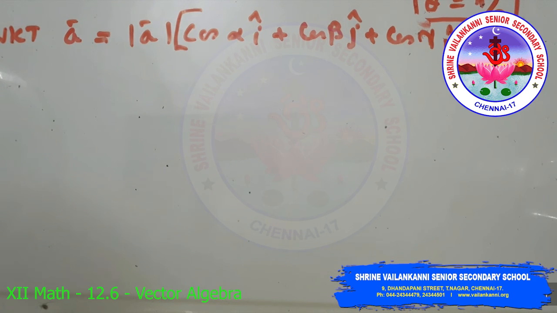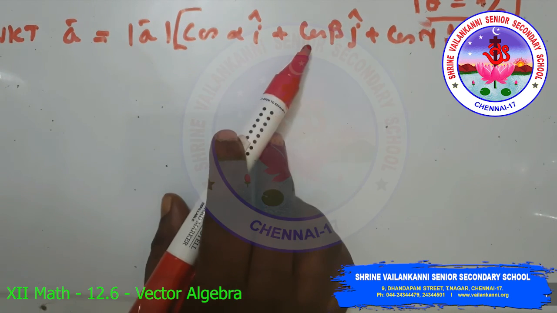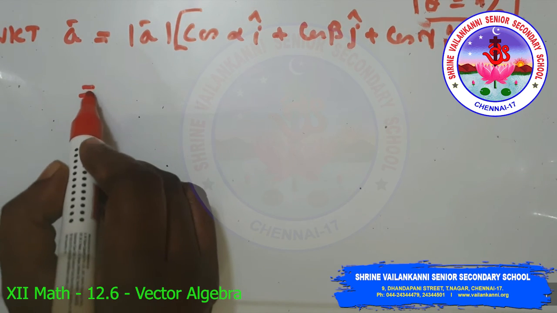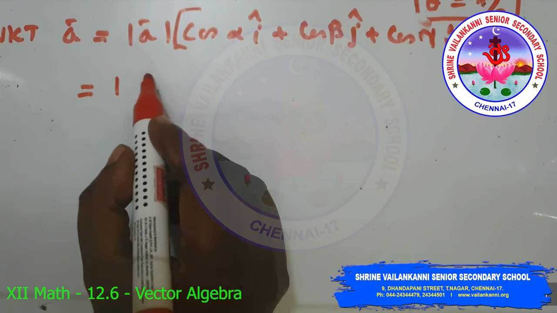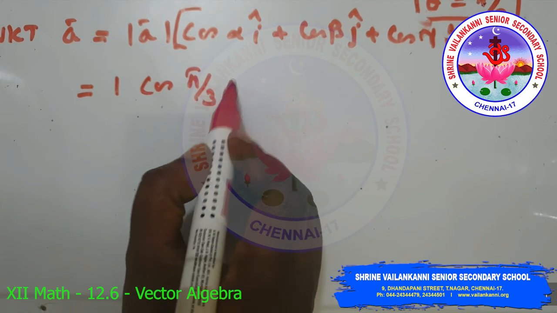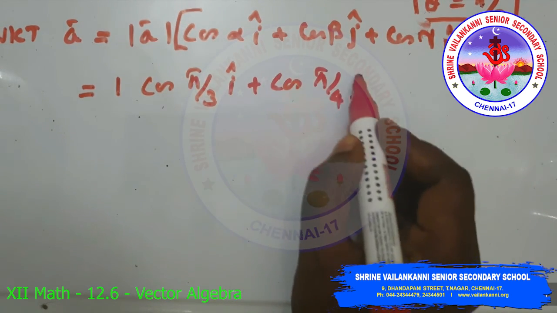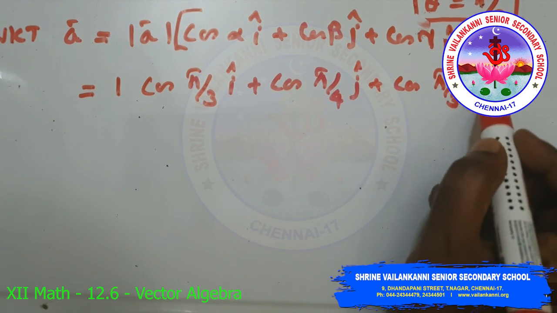The question is to find theta and the components of A. We know that vector A equal to magnitude of A into cos alpha i plus cos beta j plus cos gamma k, which is equal to 1 into cos pi by 3 i plus cos pi by 4 j plus cos pi by 3 k.